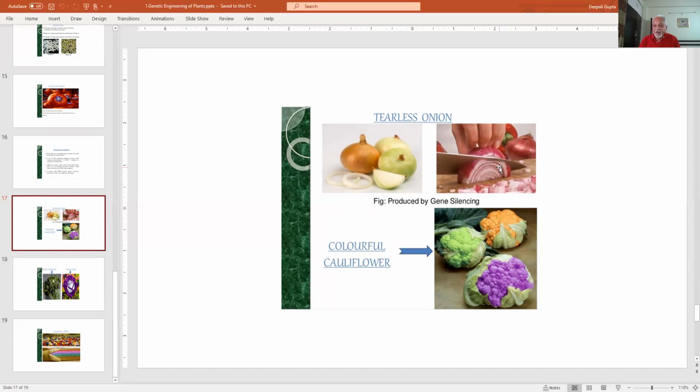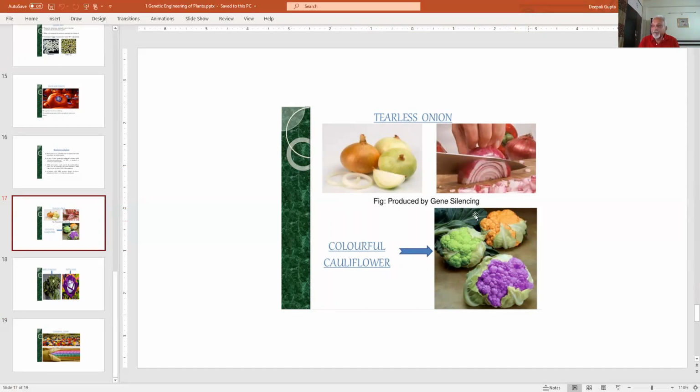And then you have products like colorful cauliflower, for example. So you can have cauliflower of different colors in the market. You have green, violet, and orange cauliflower.